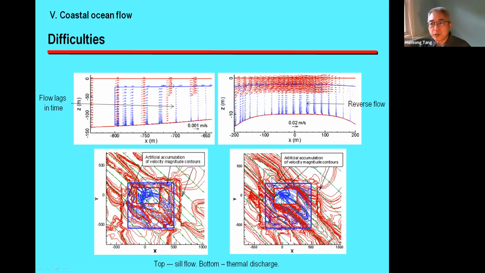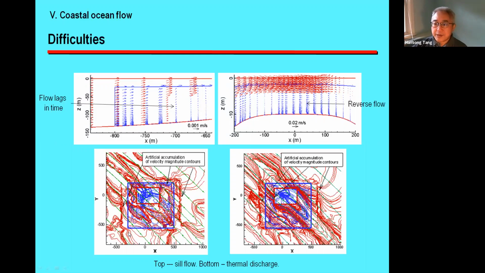You can see the solution for the red one has already arrived here. It's fast on the top, but at the bottom, the solution from the blue subdomain does not respond immediately or simultaneously. Apparently, this is kind of a non-physical error. In this part, flow goes to the right from the red subdomain, but the blue subdomain gives you flow coming back. So again, this is non-physical.